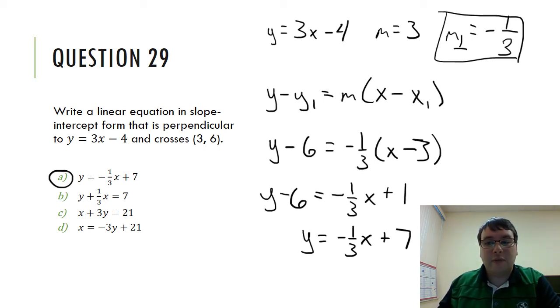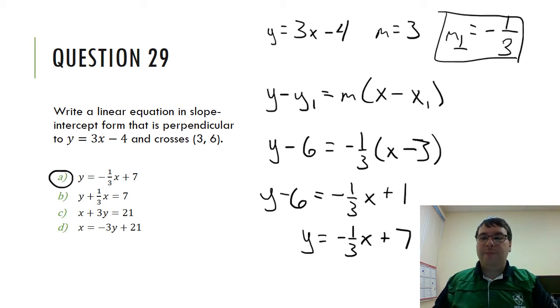Big difference. So I'm going to look for perpendicular slope. That's what this little upside down T means. Perpendicular. So perpendicular slope has to be opposite in sign. This was positive. This must be negative. And it has to be the reciprocal. So this is 3. Technically, it's like 3 over 1. So this would have to be 1 over 3. So this is the slope that I'm going to use.